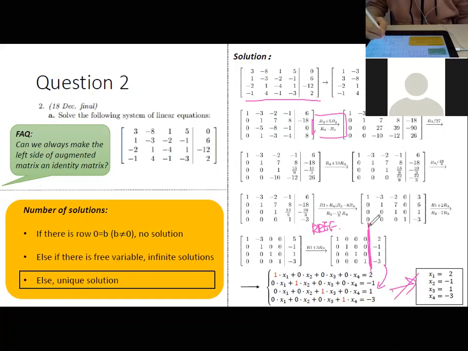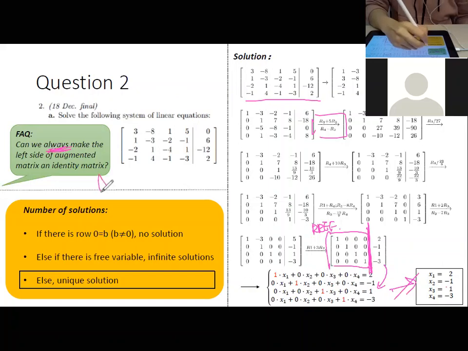I think the student has this question because in question 1, we have the identity matrix at the end, on the left side of the augmented matrix. And this time again, we get an identity matrix on the left side. So the student wonders, can we always get the identity matrix?